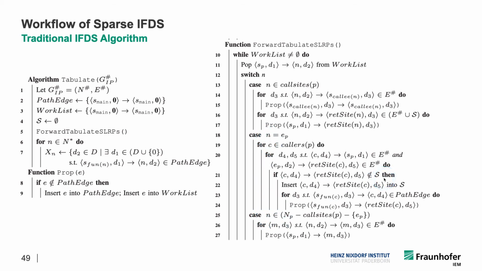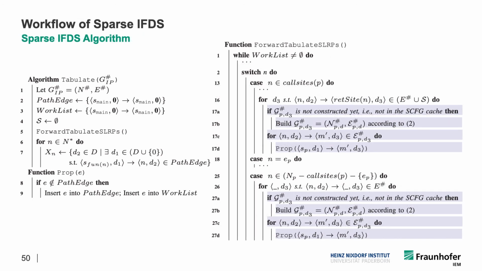And you will now see that for call sites and also for regular nodes, this is doing something special. That's the case where, normally in the original IFDS algorithm, you would be dipping into the already computed summary edges. These are depicted by this symbol here.